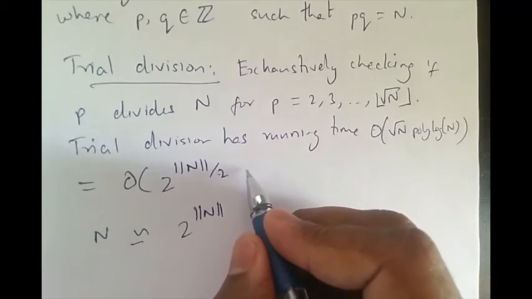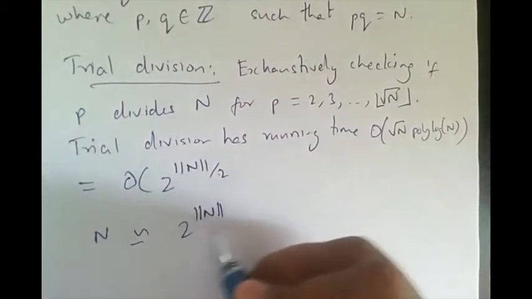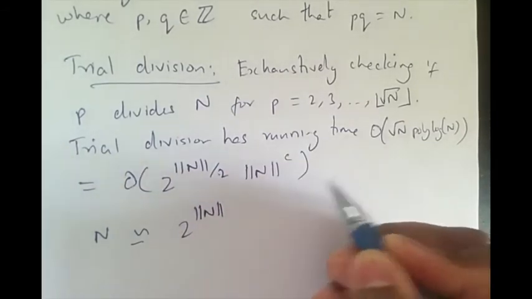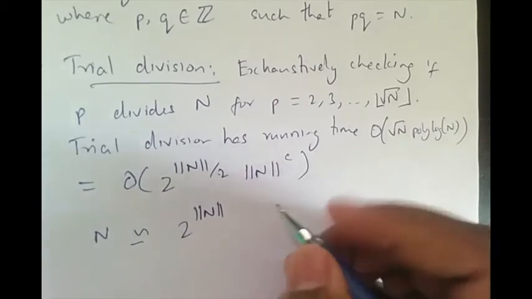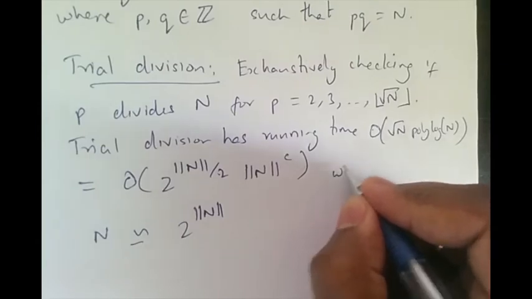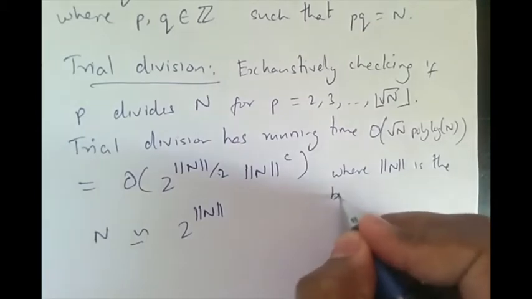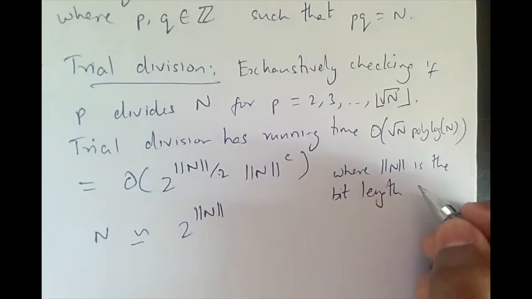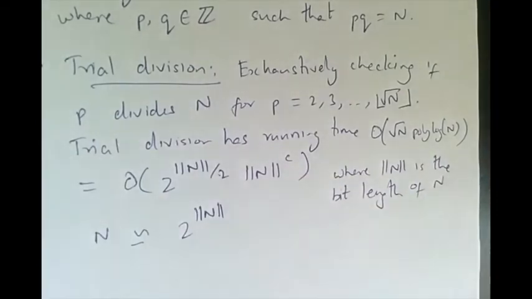And log n will be approximately the bit length here, raised to some power c, so some polynomial in the bit length of n, the number of bits used to describe n. If you write n as a binary integer, this notation is the bit length of n.